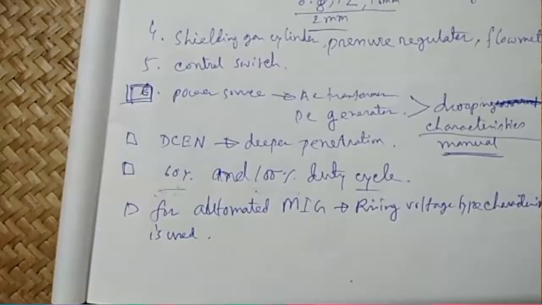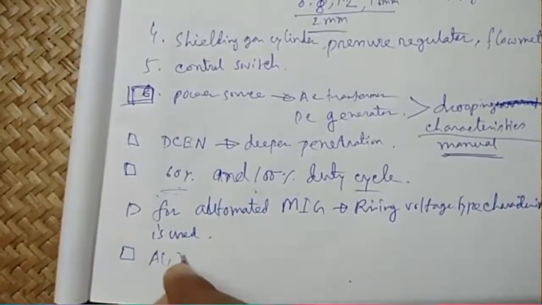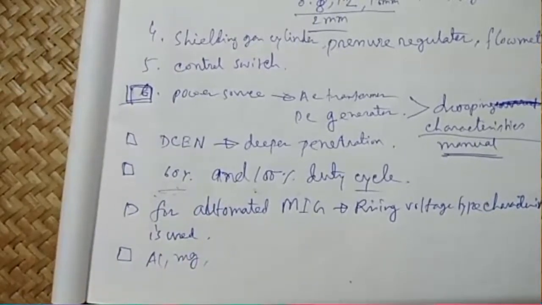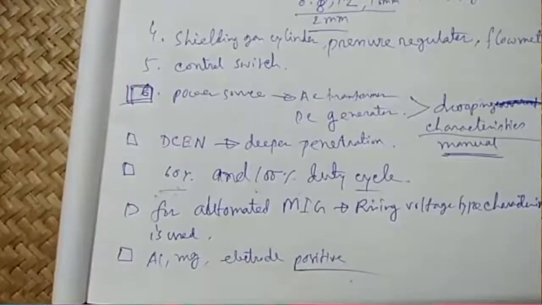But in some cases we require less heat. In such cases like aluminium and magnesium, we use electrode positive.